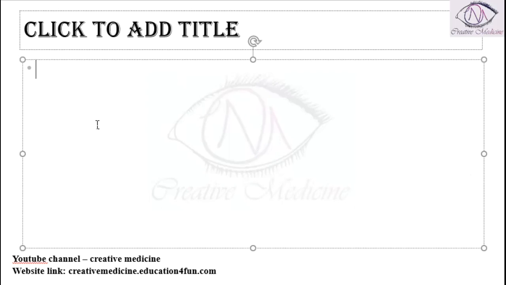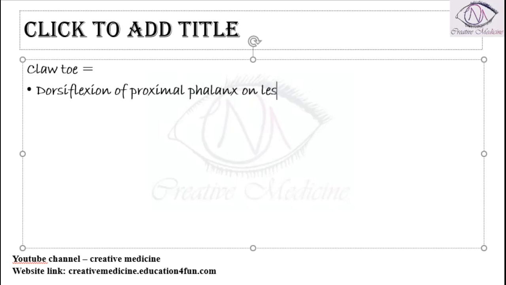Then we also have one more thing which is called claw toe. In claw toe, it is similar to claw hand, where there is dorsiflexion of the proximal phalanx on the lesser metatarsophalangeal joint, along with flexion of both the proximal interphalangeal joint and distal interphalangeal joints.